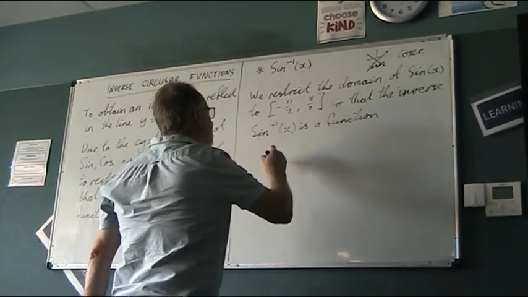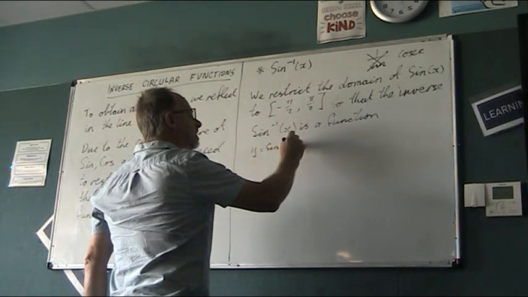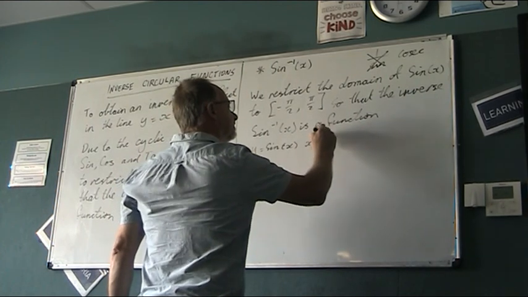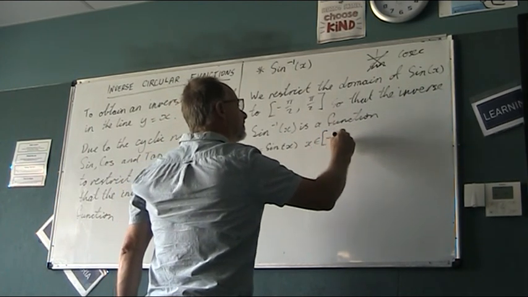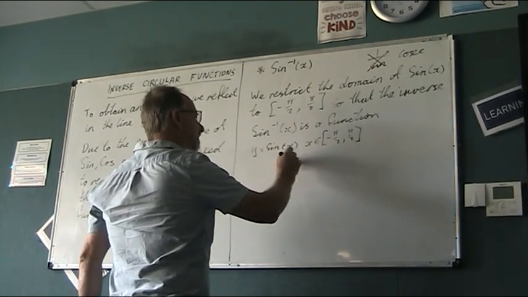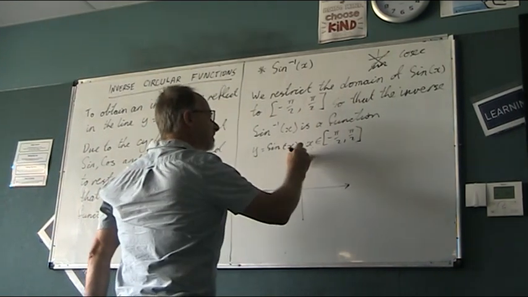Alright, so y equals sine x, where x is between minus pi on 2 and pi on 2, looks like this.